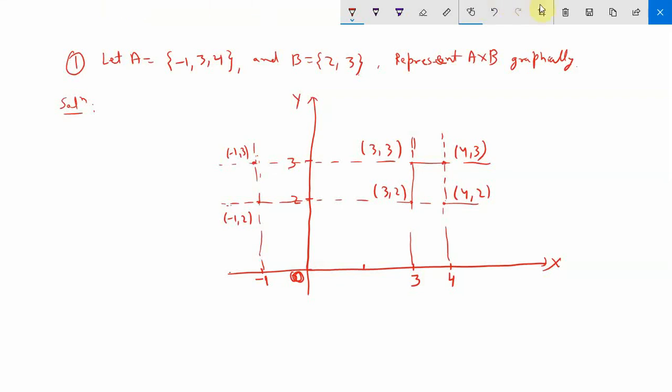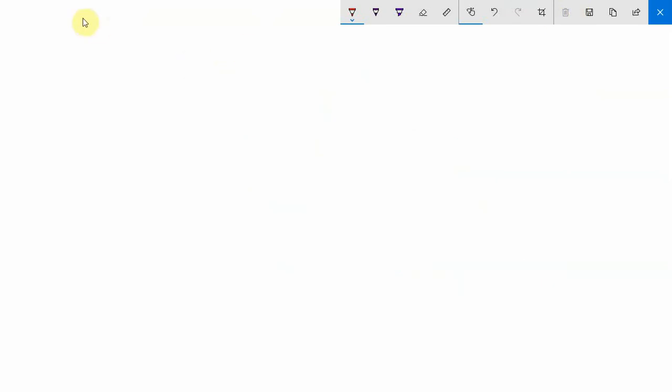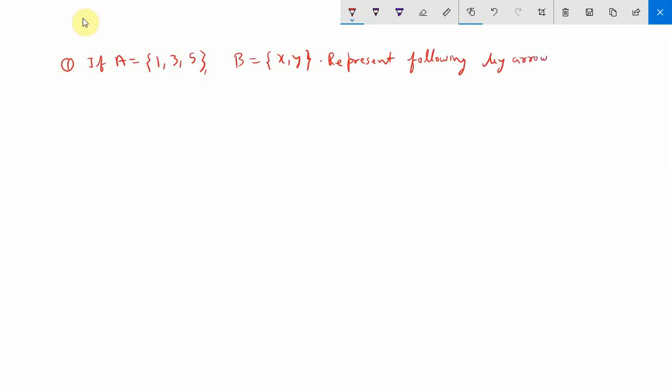So we will solve another problem. Next, if set A is equal to 1, 3 and 5, and set B is equal to x, y, then we have to represent by arrow diagrams using Venn diagrams the following.